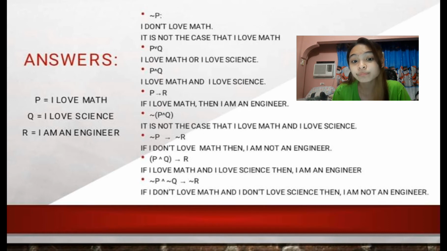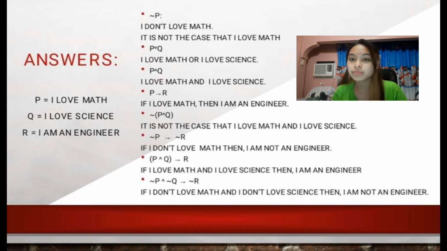Then Q is I love science. So I love math and I love science. Since we have the negation, you add: it is not the case that I love math and I love science. So that is the answer.